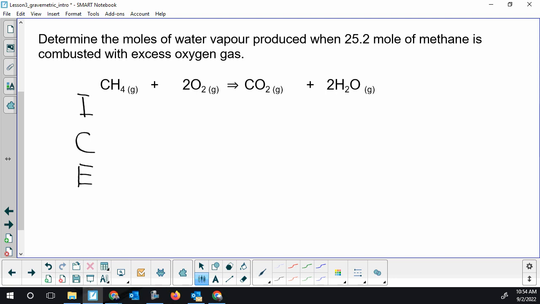The change amounts always follow the stoichiometric coefficients. So every one change in methane is going to go with a doubling of the change of oxygen. If we have 1 mole of methane, we need 2 moles of oxygen. 1 mole of methane is going to make 1 mole of carbon dioxide, and 1 mole of methane is going to make 2 moles of water.